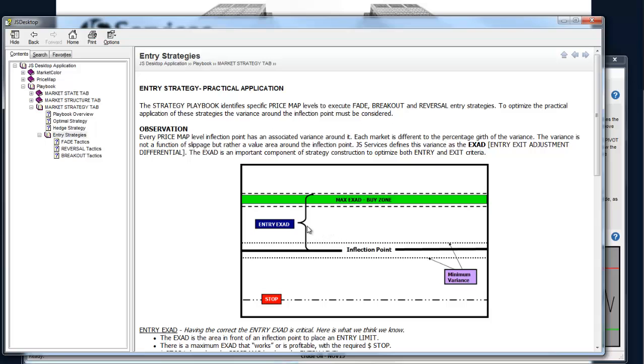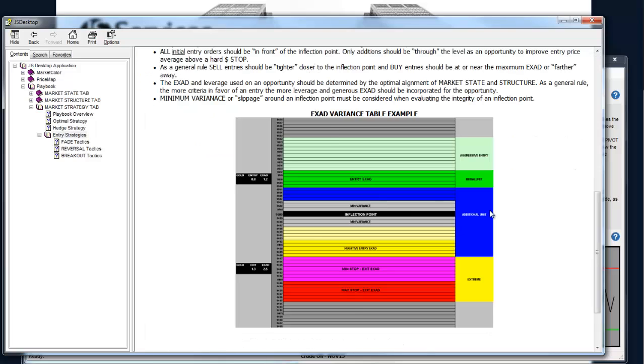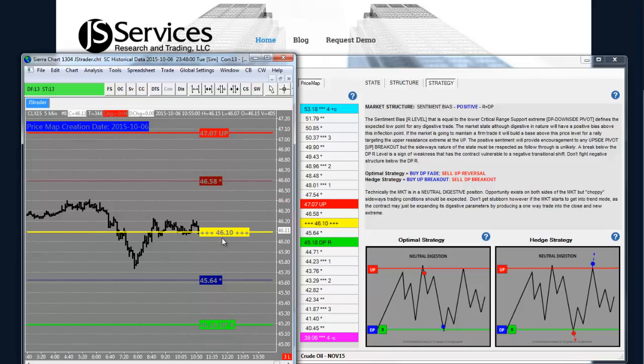And basically, if you're trying to enter the market too close to an inflection point or a price map level, you're going to miss a lot of the good trades, but you're going to participate in all the losers. You need to understand that there's a zone around that inflection point, kind of an area of influence, and we'll just call that the alert distance. So with this application, we can actually put the alert distance around the inflection point on the chart.